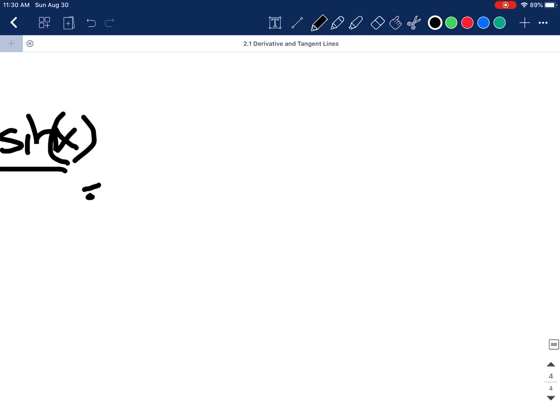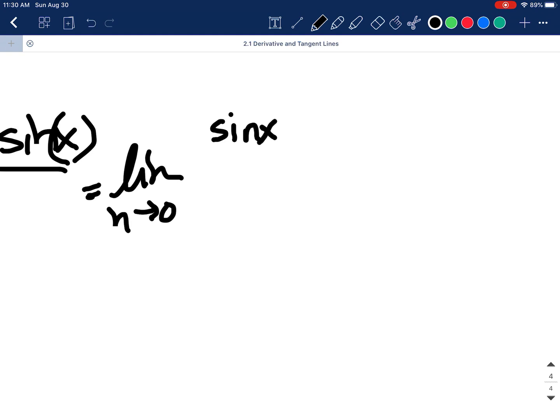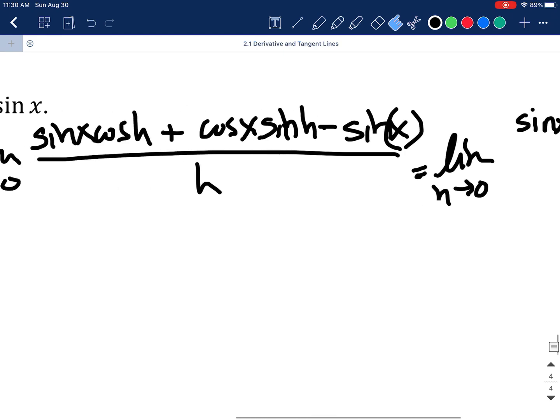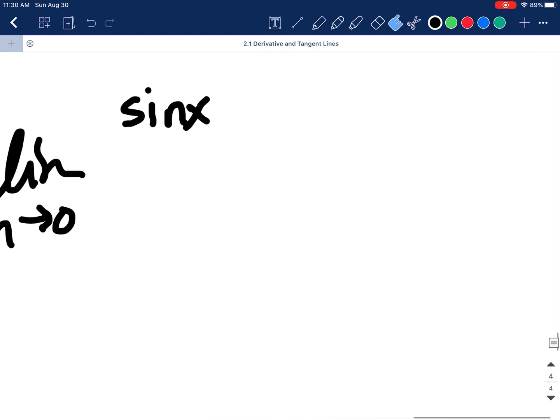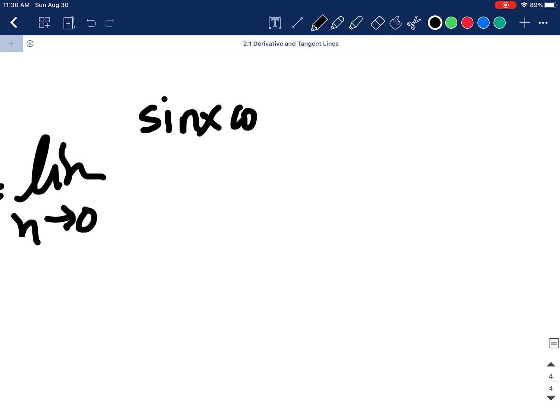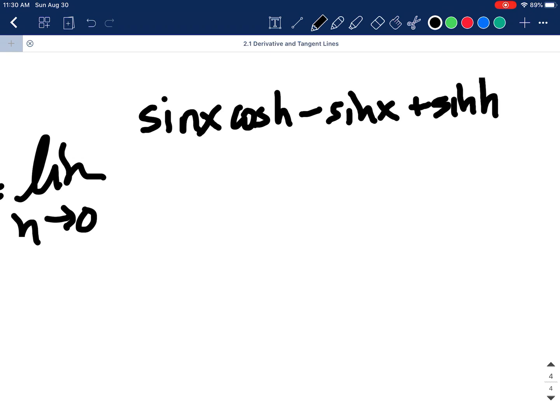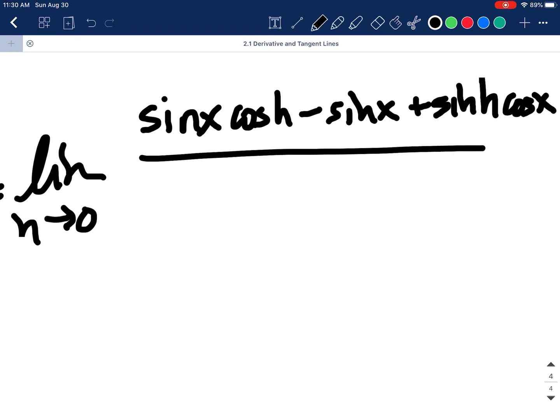So I'm going to rewrite that as the limit as h goes to 0. So why don't I rearrange terms first, and then we'll do some factorization. All right, so I'm going to just swap the second and third term, and then I'm going to factor out that common sine x between them.